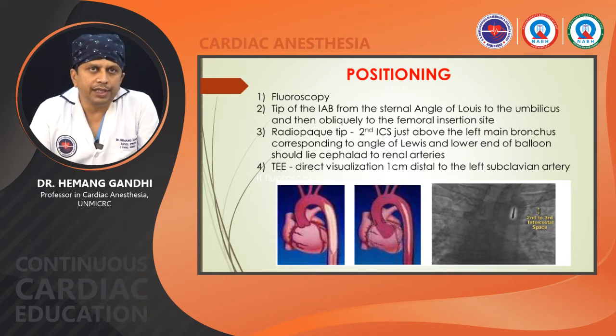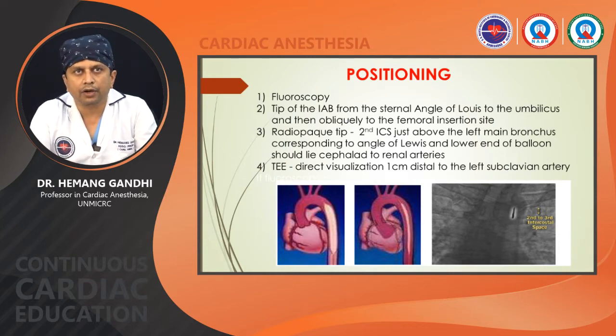Also we can use TEE in the OR and in the ICU, where we visualize the tip of the catheter 1 centimeter distal to the left subclavian artery. For this we have to locate the descending thoracic aorta in the TEE. And routinely in everyday monitoring, we go for the X-ray, where we can see the radio-opaque tip around the second intercostal space just above the left main bronchus, which corresponds to the angle of Lewis, and the lower end of the balloon should lie cephalic to the renal arteries.